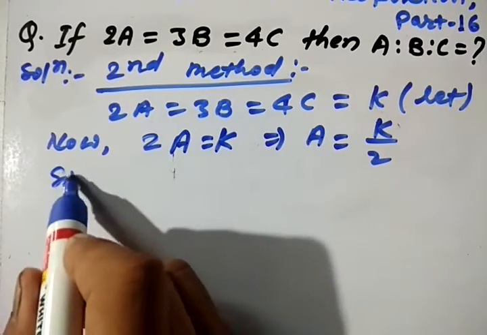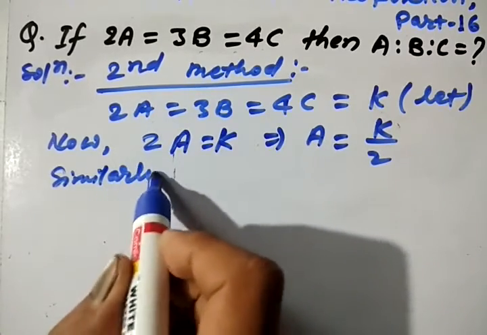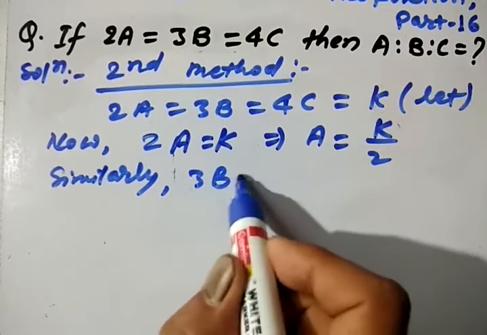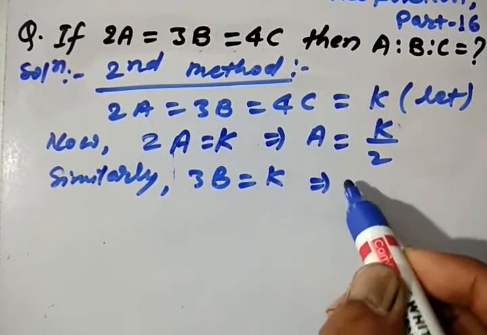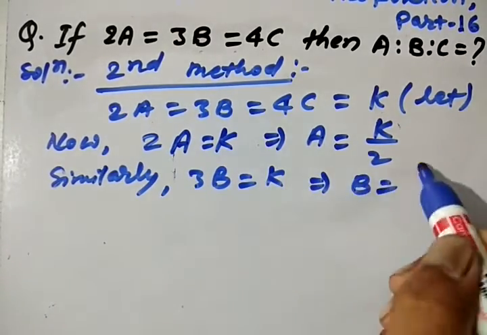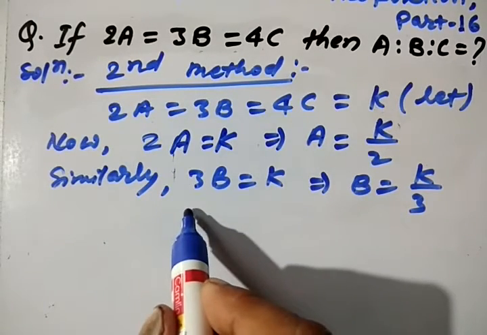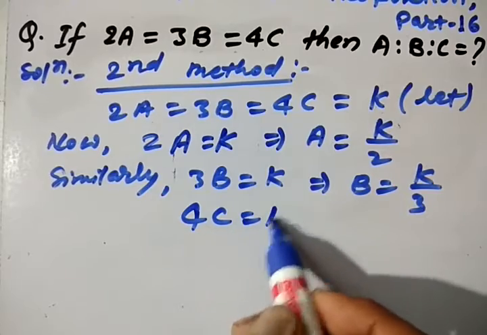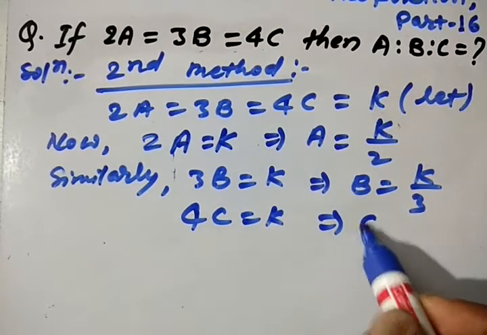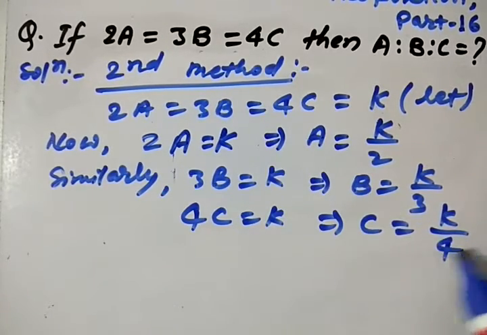Similarly 3b is equal to k. This implies b is equal to k by 3, and 4c is equal to k. This implies c is equal to k by 4.